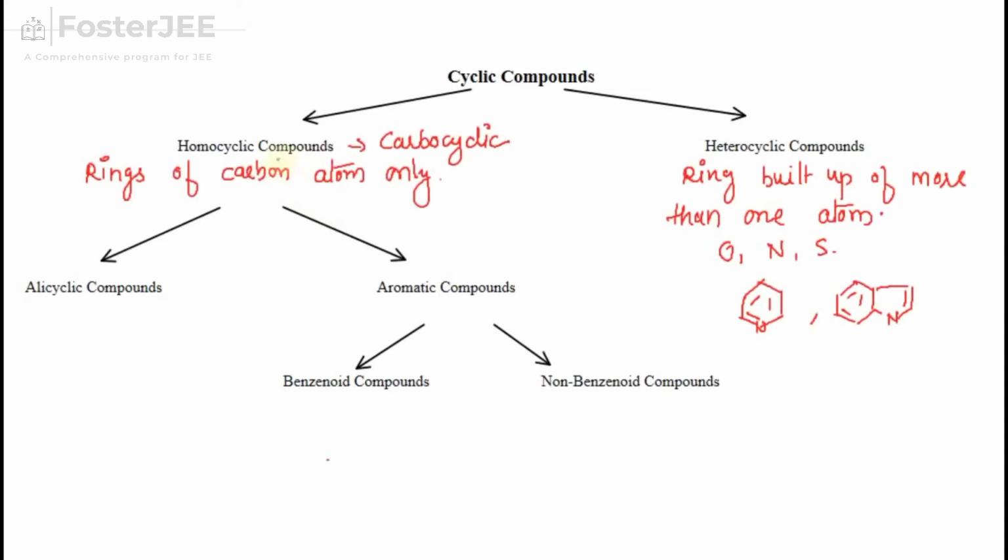Now the homocyclic compound is further divided into two categories, that is alicyclic compounds and aromatic compounds. So alicyclic compounds are the compounds which contain rings of 3 or more carbon atoms.